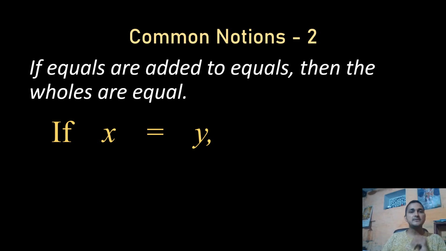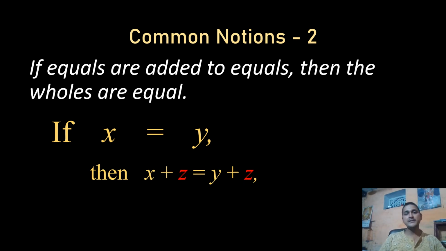As per common notion 2, we can add the quantity z to both, and the wholes which we get are equal to one another.